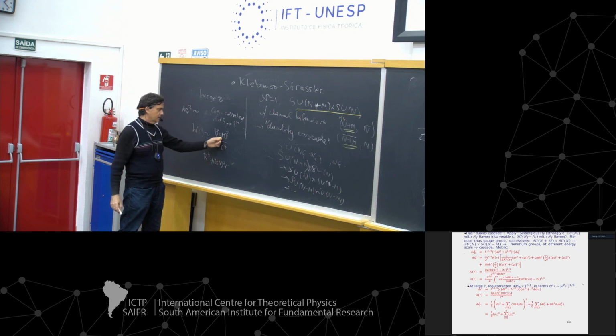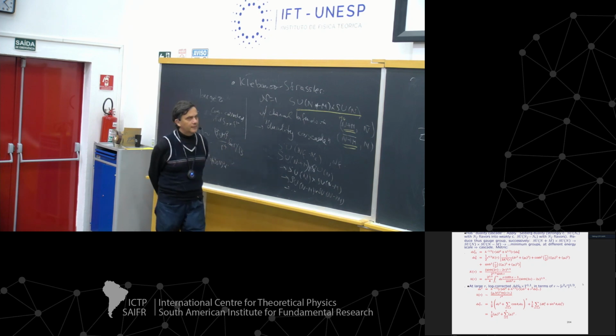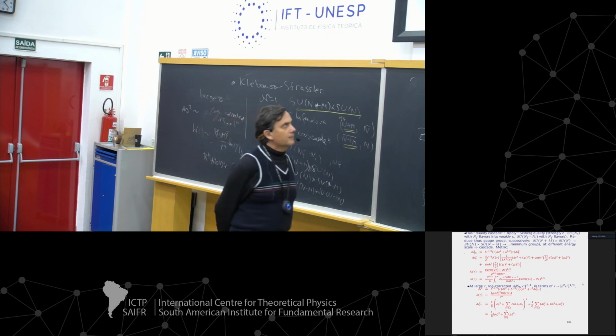But now I have this M in here instead of N, so g_s M squared divided by R4. And now I also have this log correction for the harmonic function.